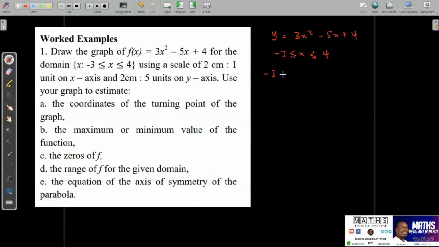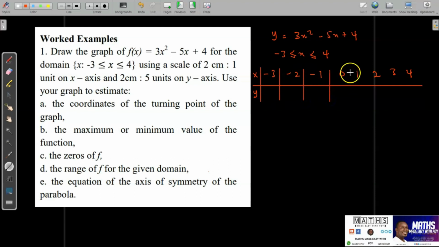You have -3, -2, -1, 0, 1, 2, 3, and 4. Please kindly program it and give me the corresponding y value. So these are the x and that will be the y. Within 2 minutes, you should be able to finish with the table of values. Let me copy it and then we'll go to our graph, because you just have to follow the instructions.